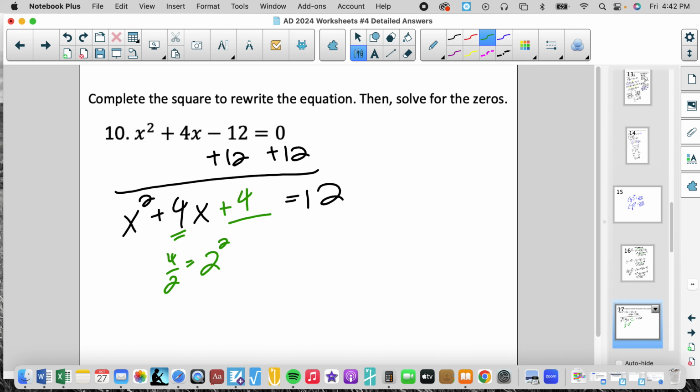So I'm going to introduce 4. What I do to one side, I also have to add 4 to the other. The reason I did this is because this produces a binomial square. So I take the square root of that, and I take my value inside here, and that's a positive. And then 12 plus 4 is 16.